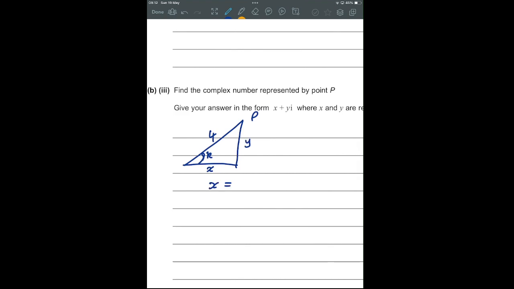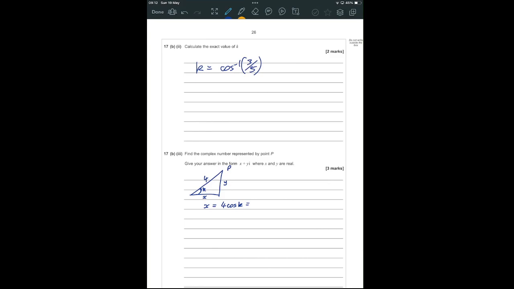So x is 4 cos K. Well, cos K is 3/5. So that's going to be 12 over 5. And then y we can do as a sine, or we could do Pythagoras again. So that's going to be the square root of 4 squared minus 12 over 5 squared, which is going to be something nice, I hope.